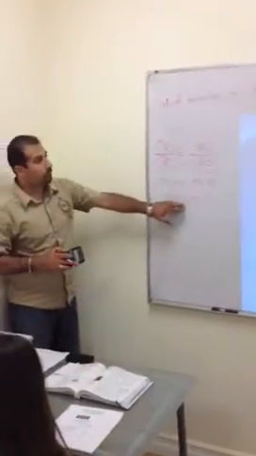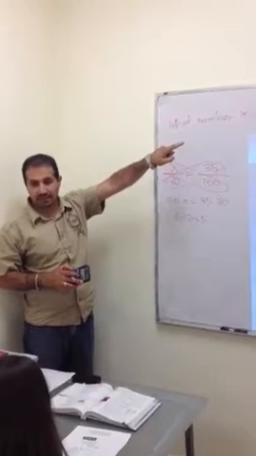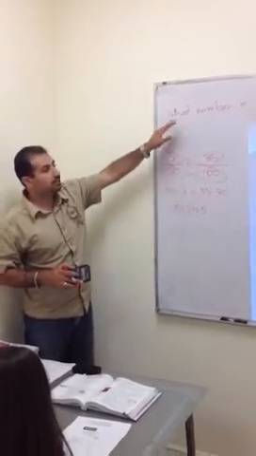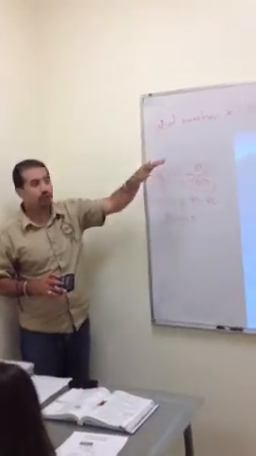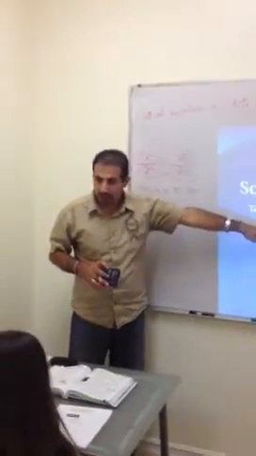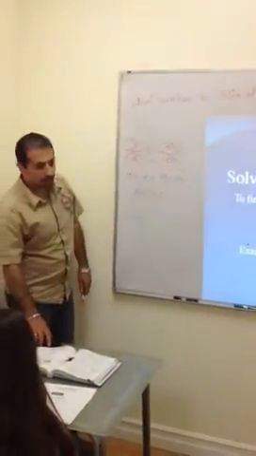So 24.5 is 35% of 70. Right? So it doesn't matter how I rearrange the problem, we're going to keep using that proportion every time for our solution.